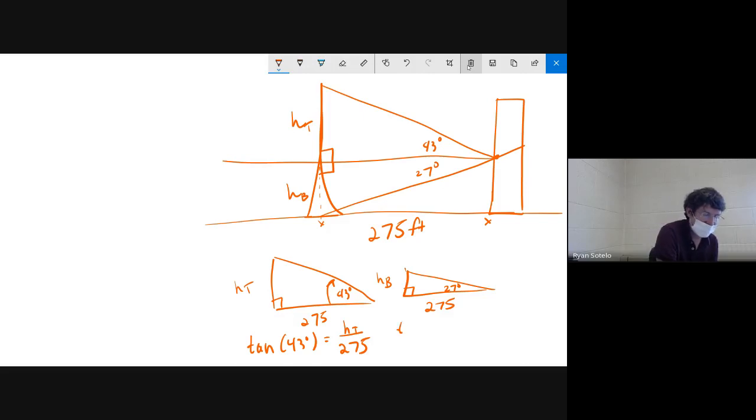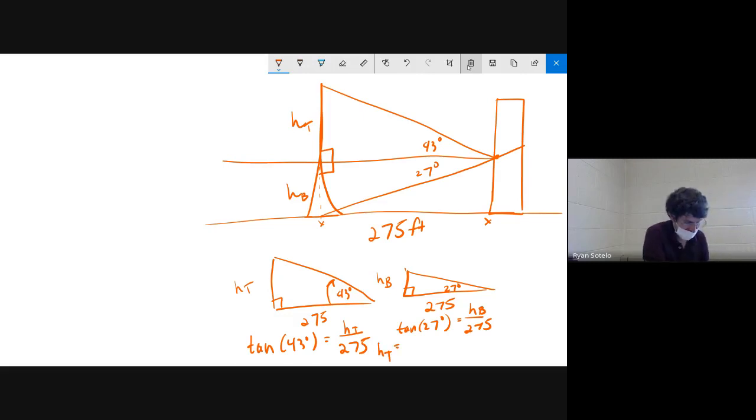So tangent of 27 degrees is equal to height to the bottom divided by 275. For the first height, I'm going to take 275 times tangent of 43. And for the second height, 275 times the tangent of 27. Then I'm going to add those two heights together.